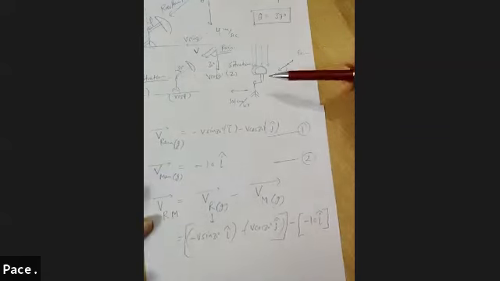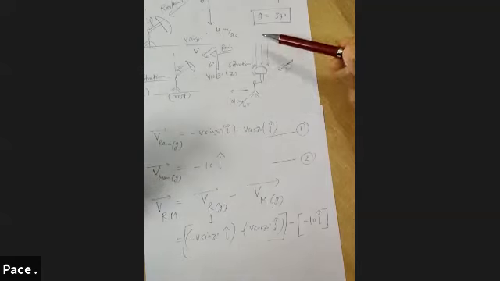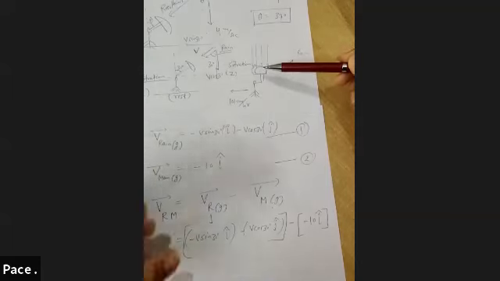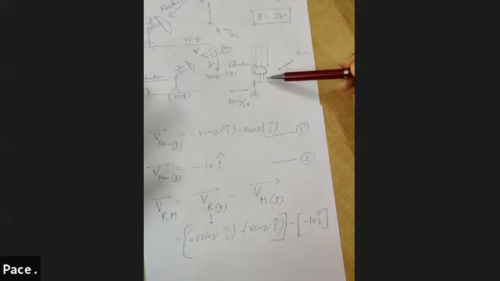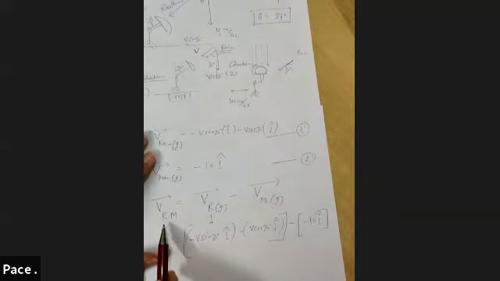So this velocity of rain with respect to man should have only a vertical component. It means its horizontal component should be zero.